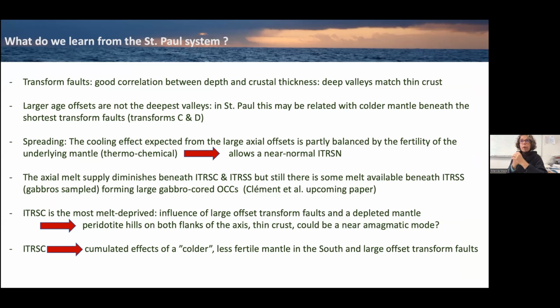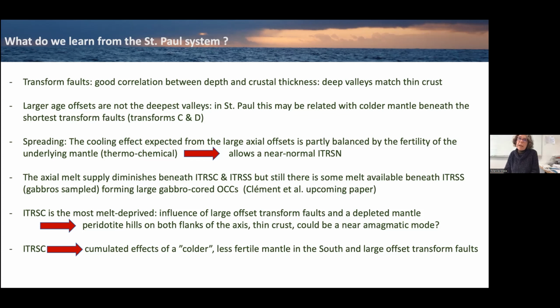But in St. Paul, this is probably related to this transition that we have inside the system, and it's affecting mostly transforms C and D, and also a little bit of transform B. And so this induces the deepest valleys associated with these transforms that are also linked to lower melt supply and lower melt production.